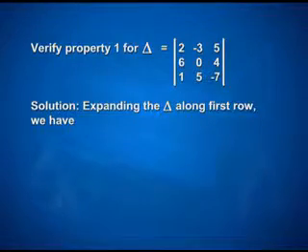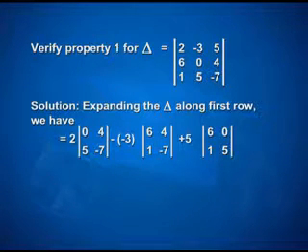For the solution, expanding the determinant along the first row, we have the determinant equal to 2 multiplied by determinant 0, 4, 5, minus 7, minus 3 multiplied by determinant 6, 4, 1, minus 7, plus 5 into determinant 6, 0, 1, 5.